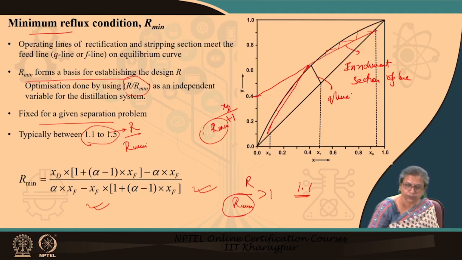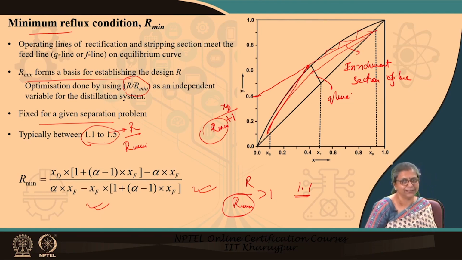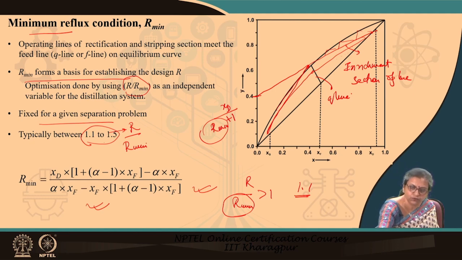Once we have selected it, we have located the actual operating line, and the stripping section operating line, and after that we start dropping the stairs and we find out the actual number of ideal stages corresponding to the R which is higher than the R minimum.